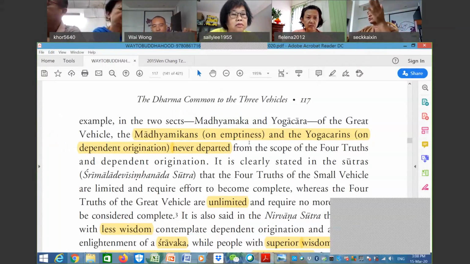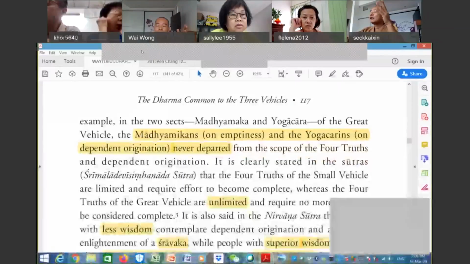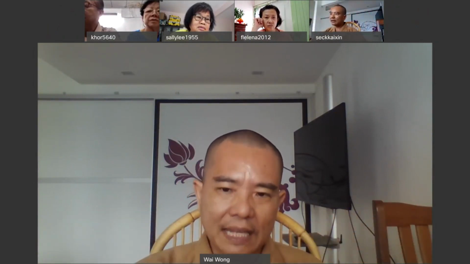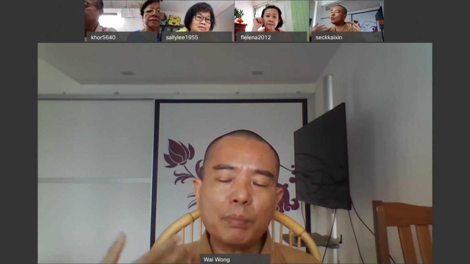Madhyamika is a school which appeared about the 1st century, and this school greatly emphasizes emptiness. According to some academic studies, the emptiness in Madhyamika is quite equivalent to that of the Nikayas. That is very good. When there is a link between them, there will be some communication.